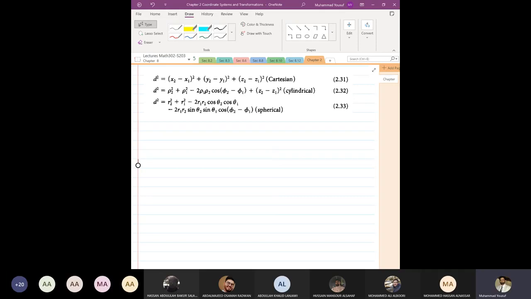When r is constant, theta is constant, or phi is constant, what do they represent? We learned this yesterday. These things are also given by some figures. They are given in your book.